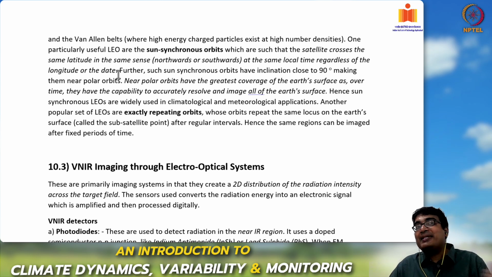It may not be the same longitude every time, but whichever longitude point the satellite crosses the 30° north latitude above, for that longitude point the local sun time will be 9 AM. So it is crossing the same latitude at the same time of the day.